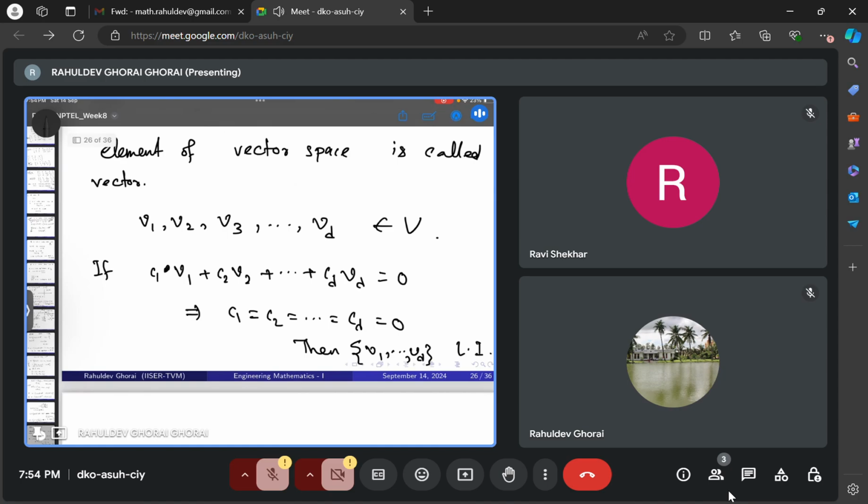If this does not happen, if one of the c's is not equal to 0, then it will be linearly dependent.